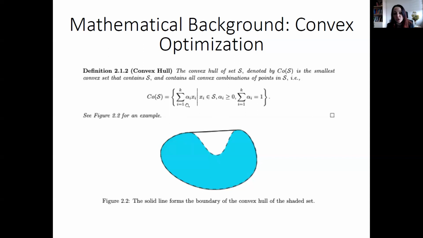All such summations, meaning all such convex combinations, live inside the convex hull of S.